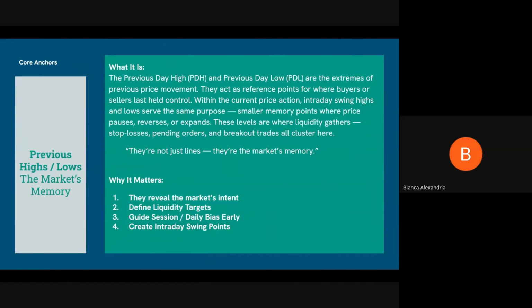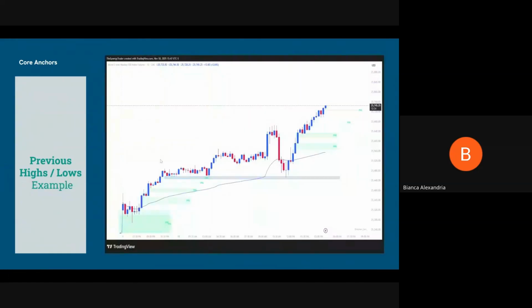And these are not just lines, they're the market's memory, and they also help us to identify the market's intent, liquidity targets, guide daily bias and sessions early, and then create intraday swing points, higher highs and higher lows. All right, so here is an example of a previous low.